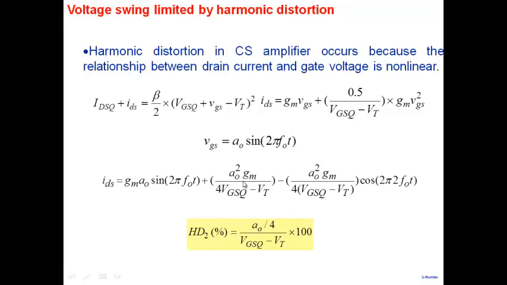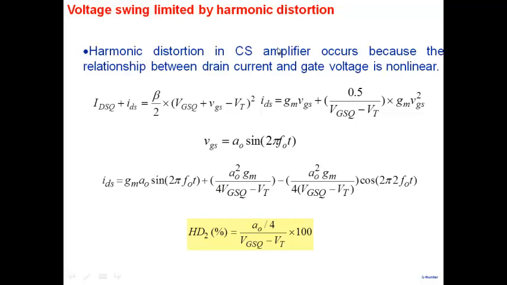So that's a simple expression for harmonic distortion. What is A naught? A naught is the magnitude of the input sinusoid. So Vin is A naught sine 2 pi f naught t, and HD2% is A naught by 4 (VGSQ minus VT) into 100.